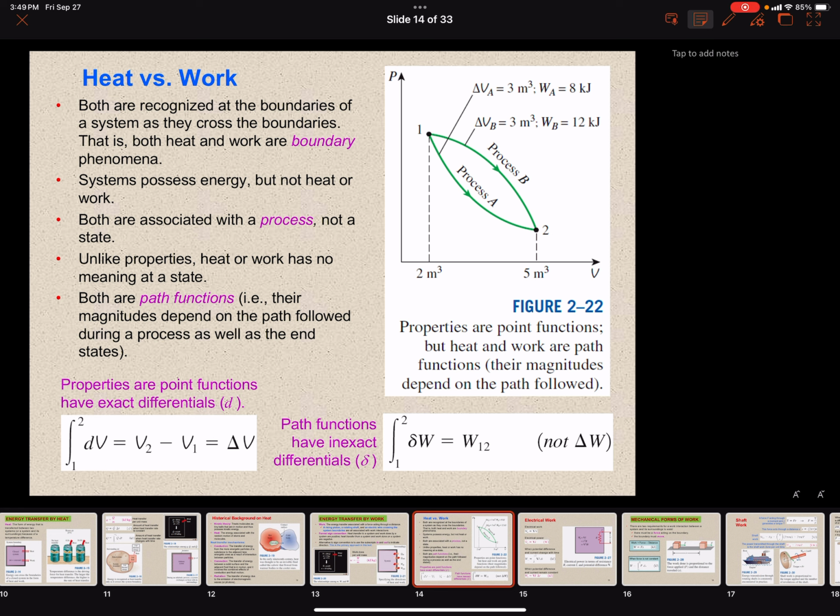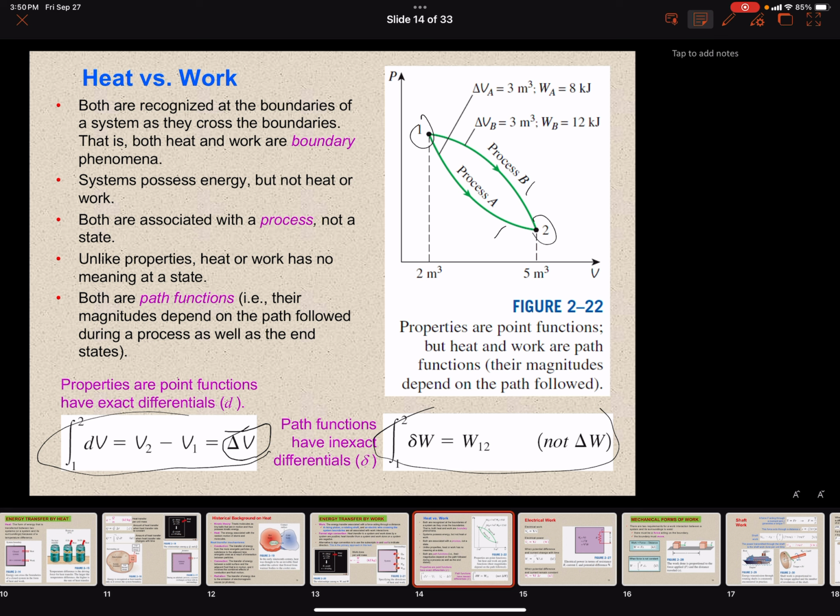This is a little bit confusing, but let me try to explain it. The idea is just to show these two equations. If you have a volume or specific volume or whatever, and you have two states, and we know the path. For state 1, you move from state 1 to state 2, and whatever path you take, any path, at the end we will find delta V, the change of the volume.